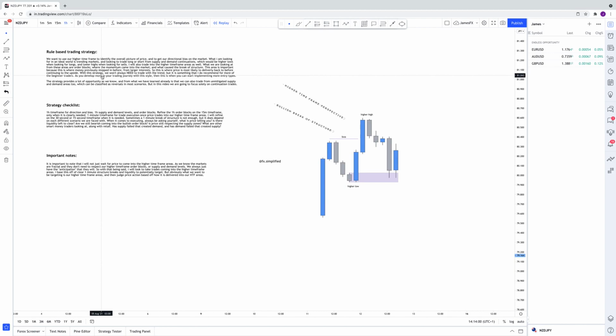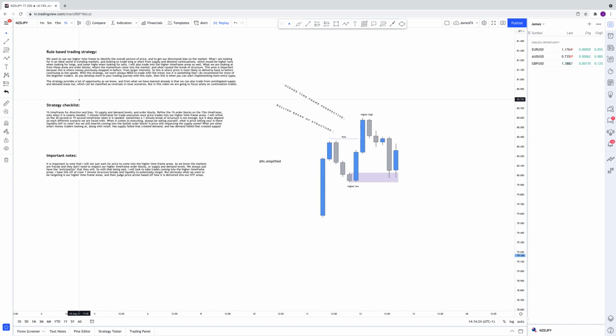So that's why I recommend, if you're a beginner, try and keep with the trend, and as you develop more in your trading journey, trade in this style, then this is when you can start implementing the various different entry types, which would be reversals and unmitigated areas of supply and demand and order blocks.